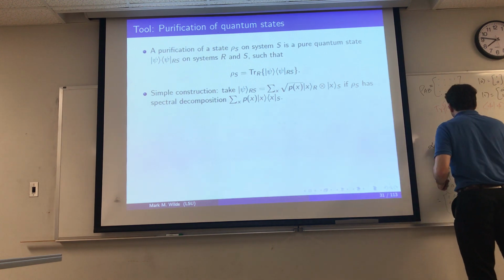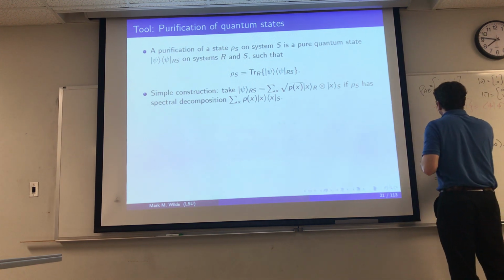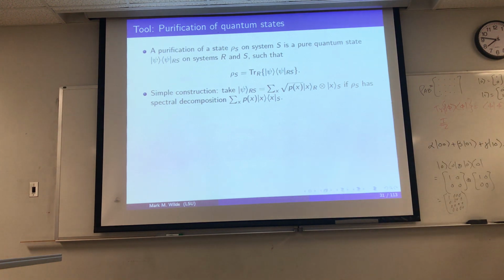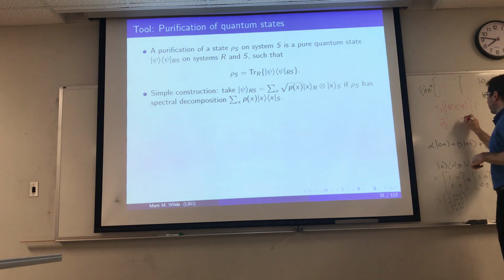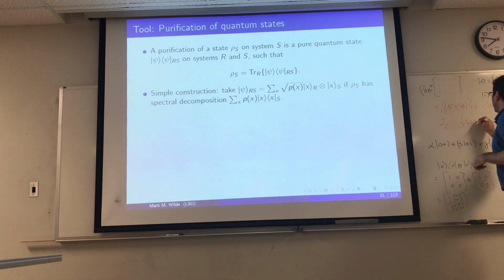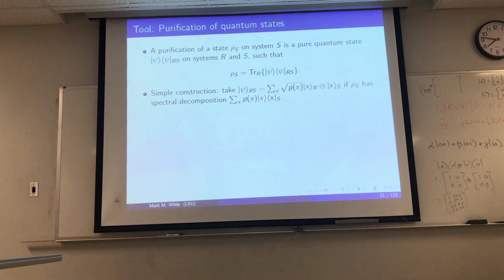Okay? As an example, we talked about two kinds of states. We talked about the classical random bit state, which was the identity matrix divided by 2. We can write that as 1/2 |0><0| plus 1/2 |1><1|. If we follow this recipe, this is a spectral decomposition.